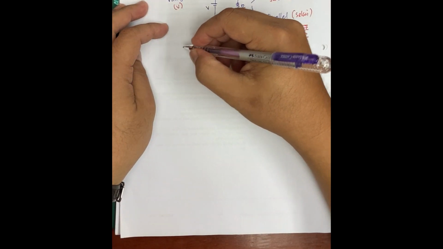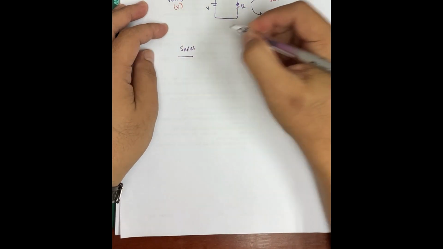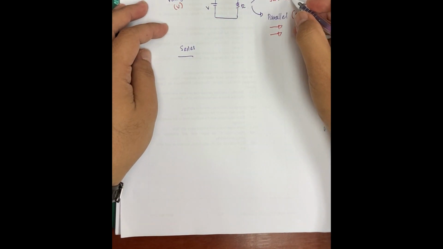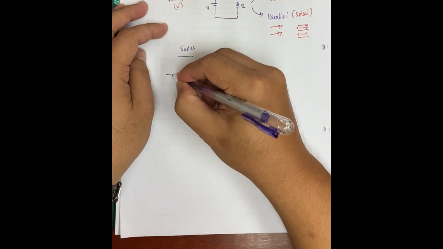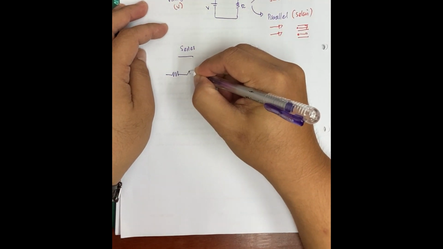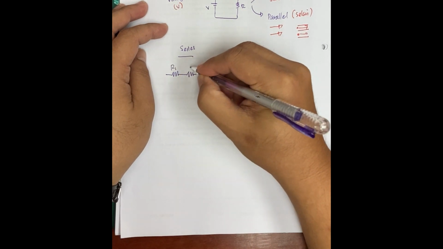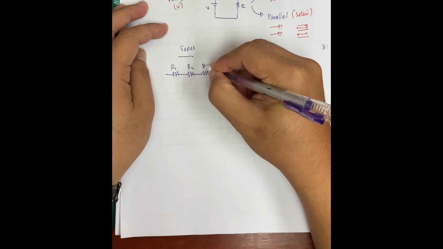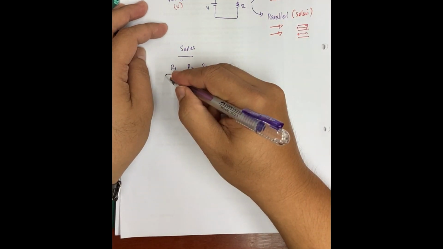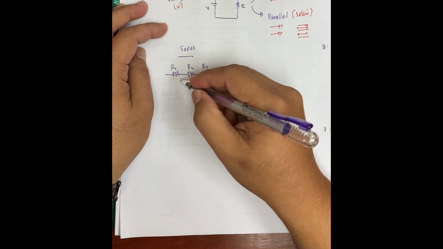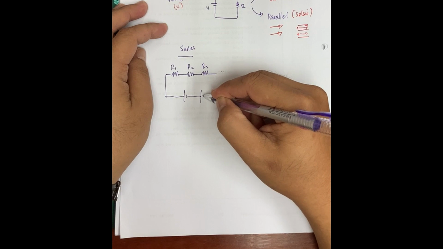For example, in series, we have what we call a chain of events. One after another, so it will continue like this. From R1, next is R2, and then the next one is R3, and so on if there's a connection. And then we close it with the voltage supply.